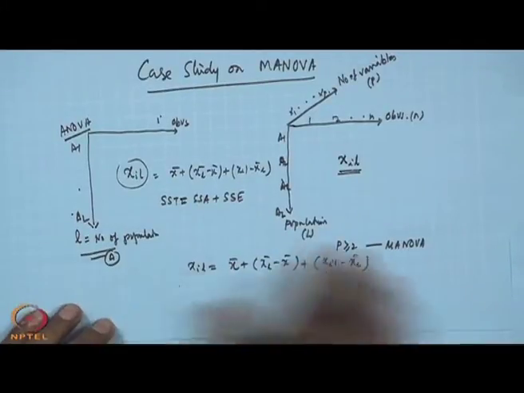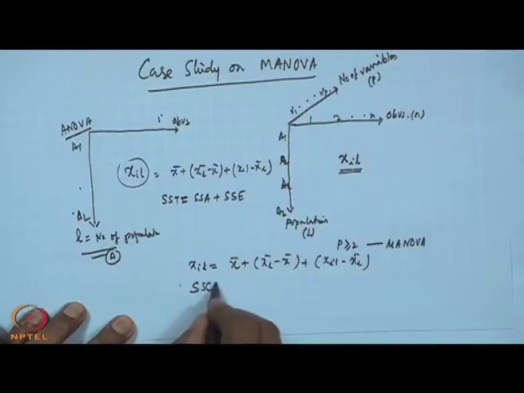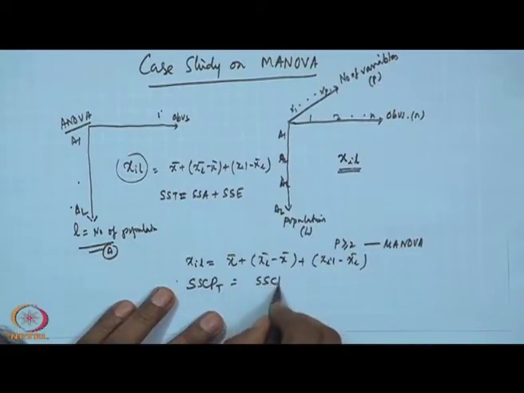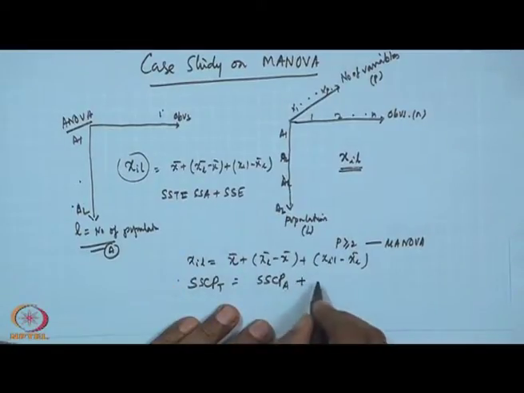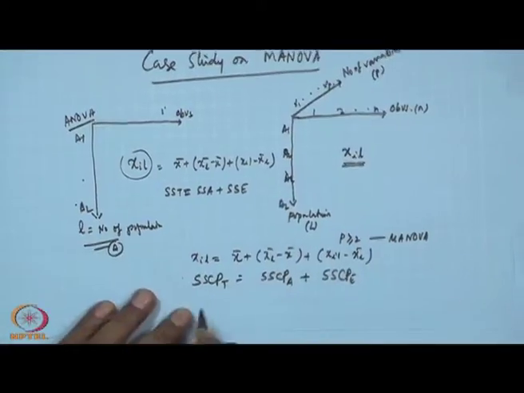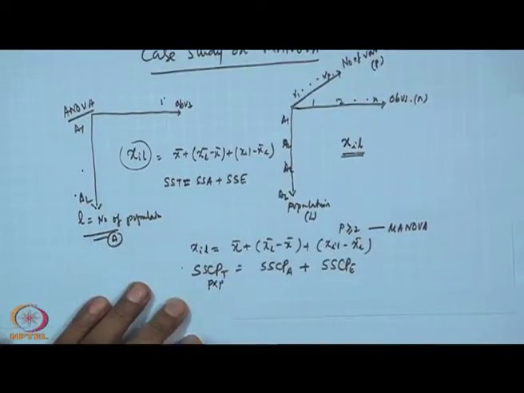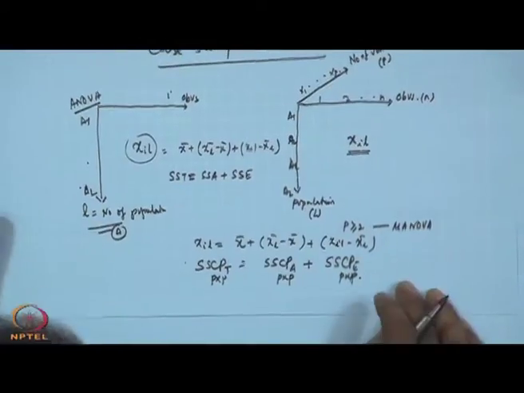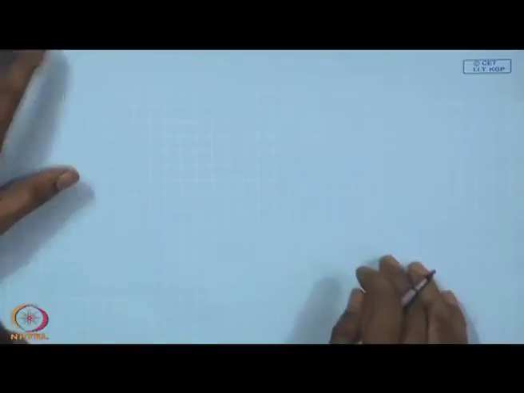Again we found that the total SSCP matrix equals SSCP of the A factor, or population effect, plus SSCP E. If there are P variables, these will each be P cross P matrices.